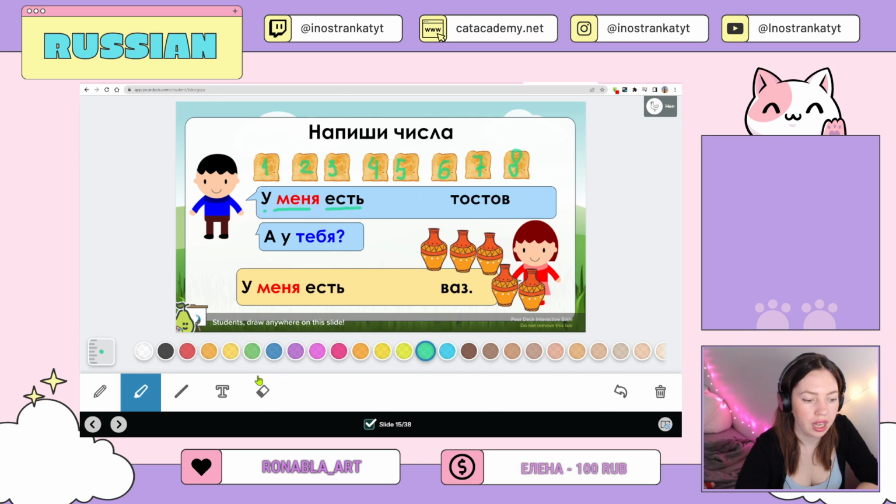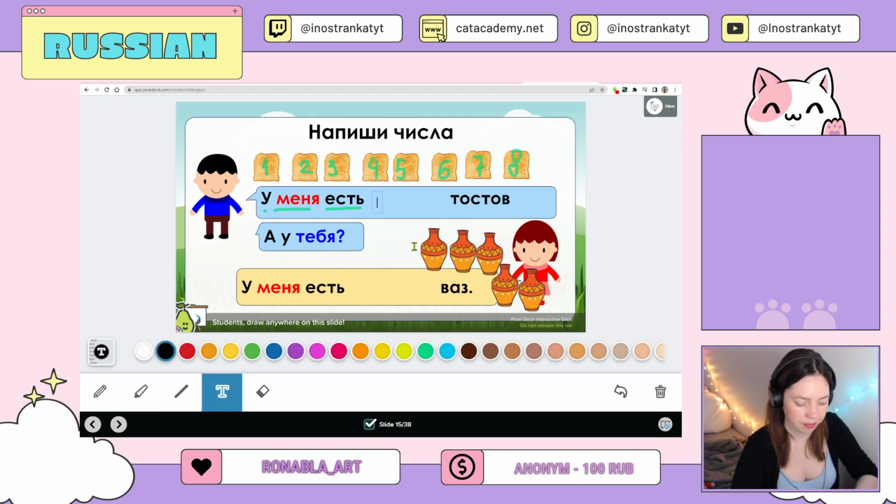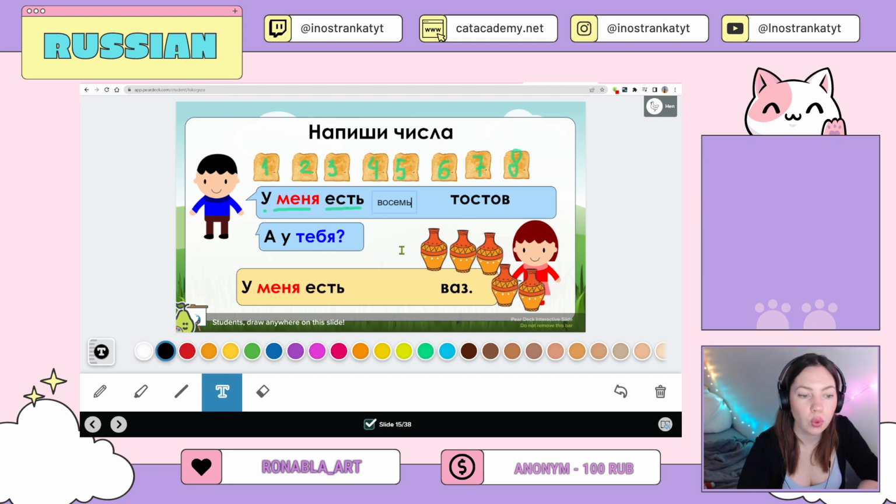У меня есть 8 тостов. У меня есть 8 тостов.